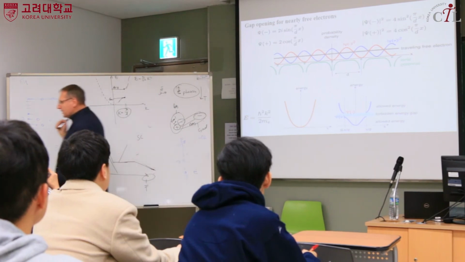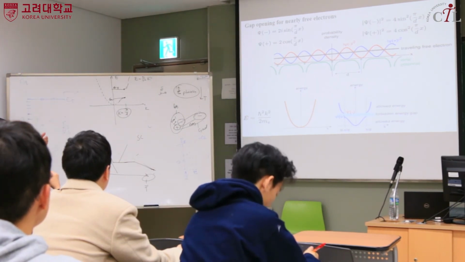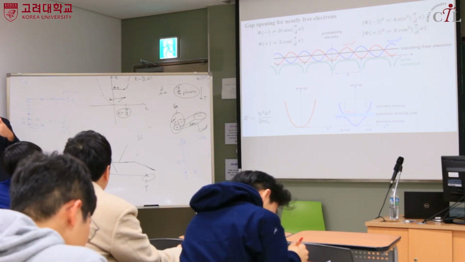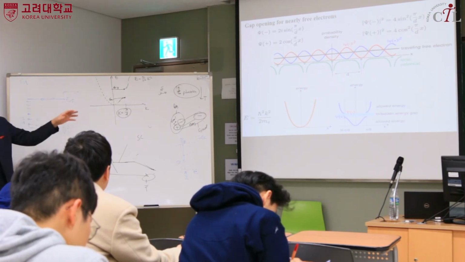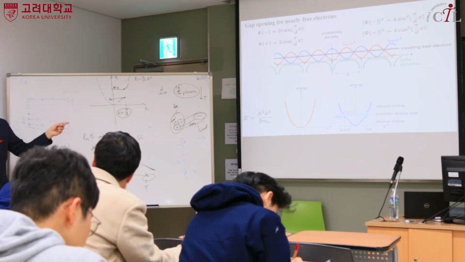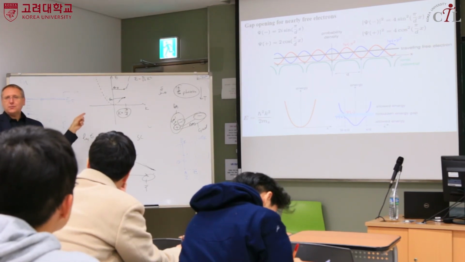Because really, to get it strict and correct, you need very complex math. And what I like is to avoid this mess and get understanding, because all the mess that you do doesn't bring more understanding than we did now. This is the true reason for having a band gap.